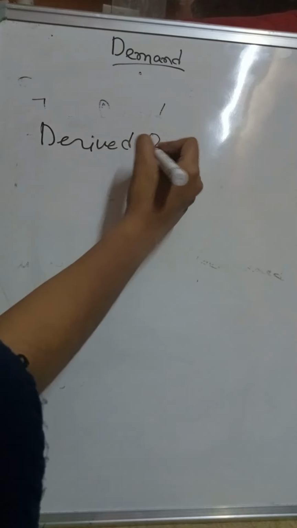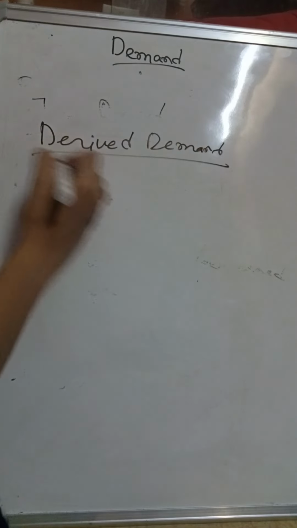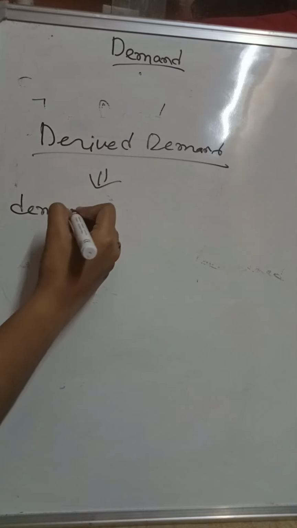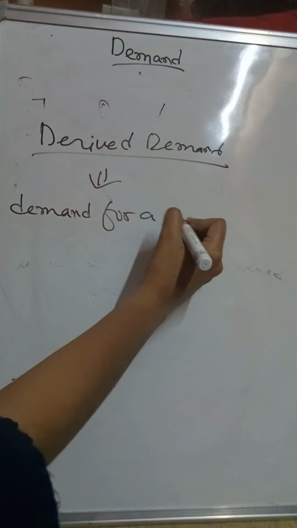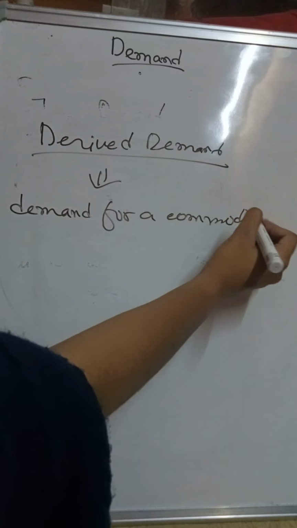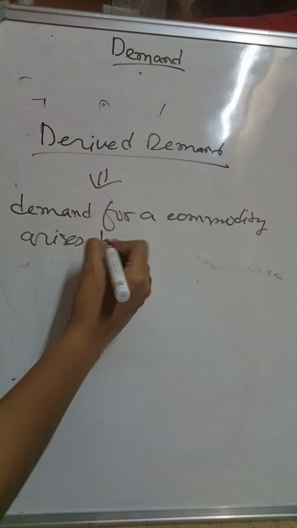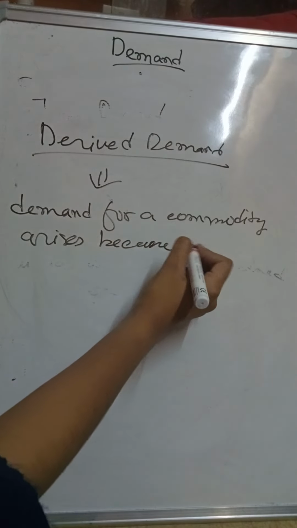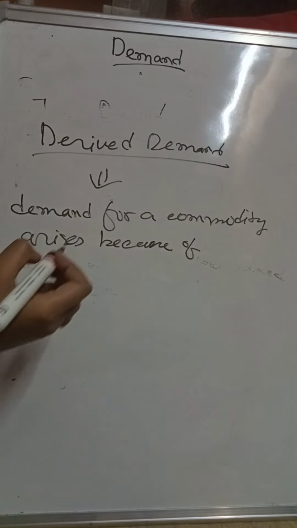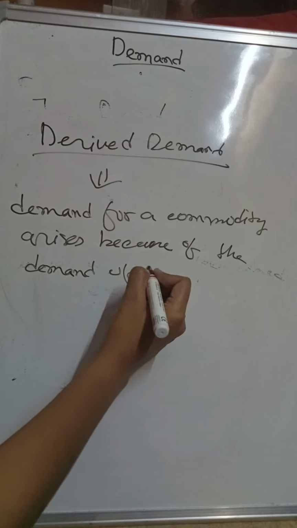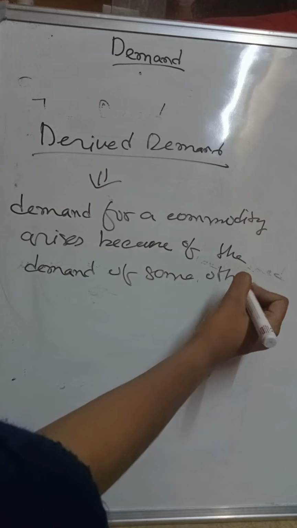Let me write it first. Derived demand means demand for a commodity arises because of demand of some other commodity.